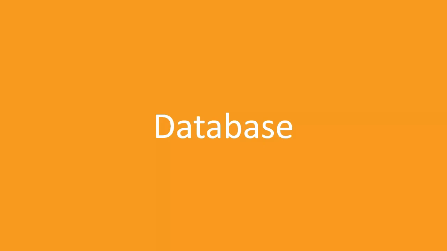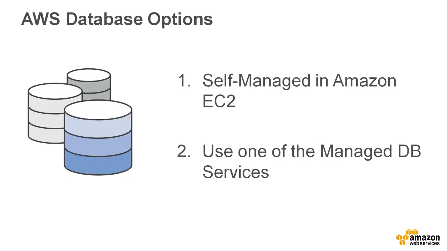We have explored storage and compute services of Amazon Cloud, and now we are going to start with database services. So what are the database services available on Amazon Cloud? We are going to learn and explore. Database services come in two categories: self-managed and managed services.